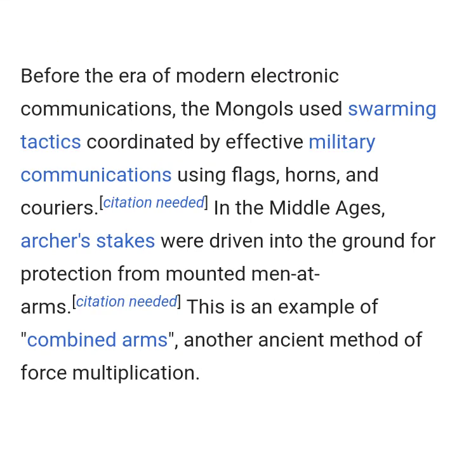Before the era of modern electronic communications, the Mongols used swarming tactics coordinated by effective military communications using flags, horns, and couriers. In the Middle Ages, archers' stakes were driven into the ground for protection from mounted men at arms. This is an example of combined arms, another ancient method of force multiplication.